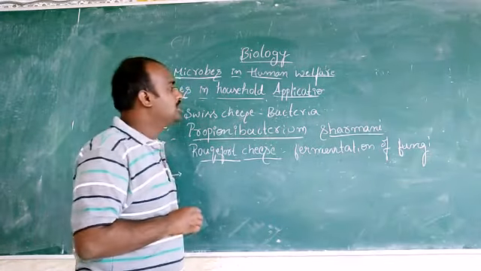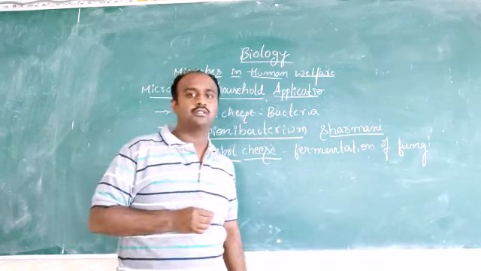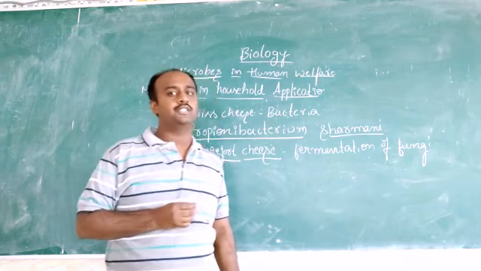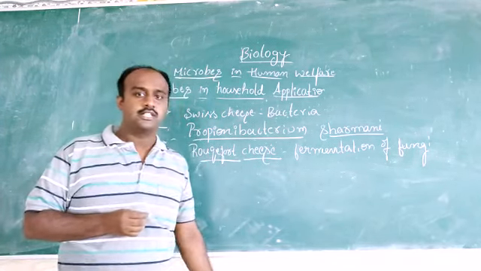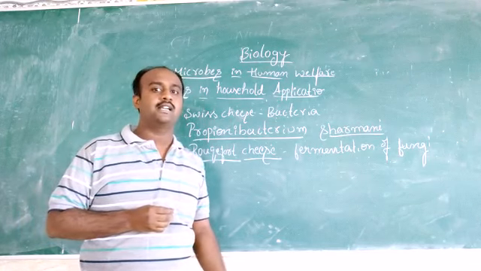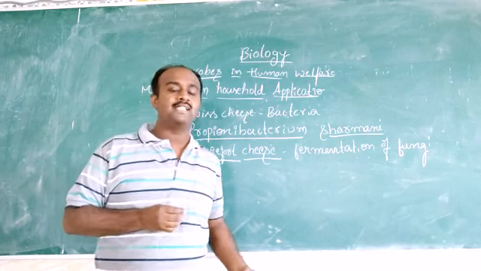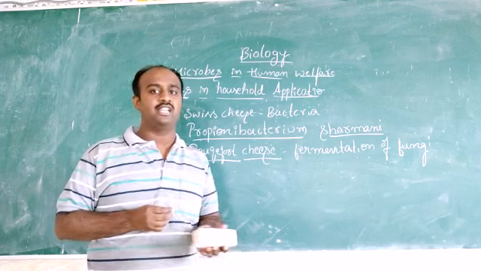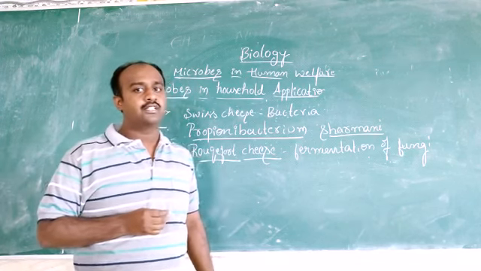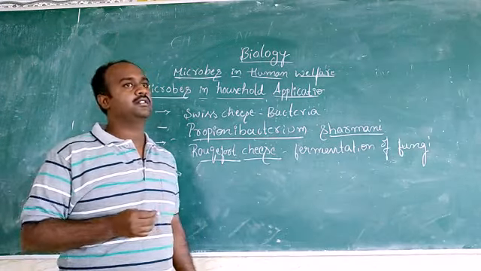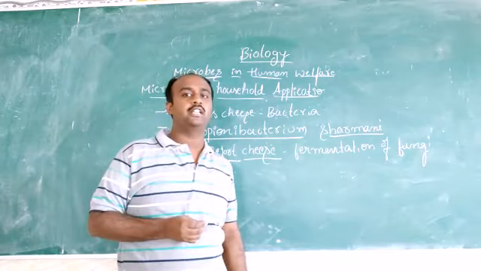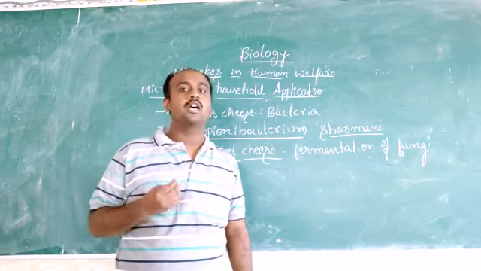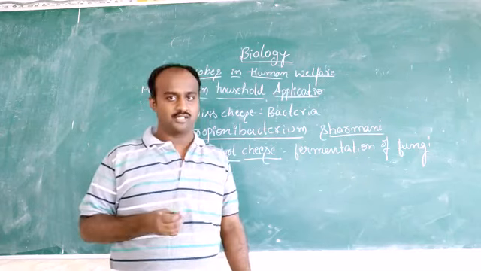Okay students, we started with the introduction to this chapter: what are microbes, diversity of microbes, size, types and placement of microbes at various levels. After that we moved on to some types of microbes, including bacteria, viruses, viroids and prions.